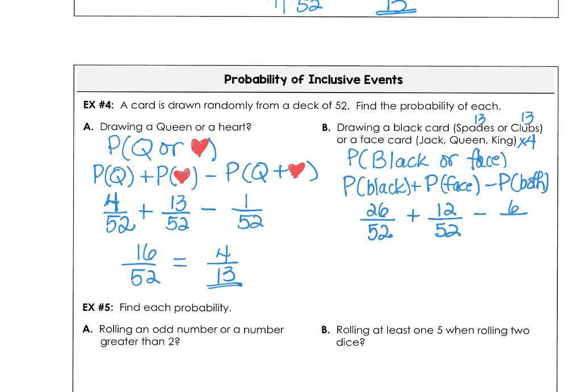So 6 out of 52. So 26 plus 12 minus 6 would give us 32 out of 52 for the probability, or simplified, that's an 8 in 13 chance of drawing either a black card or a face card.